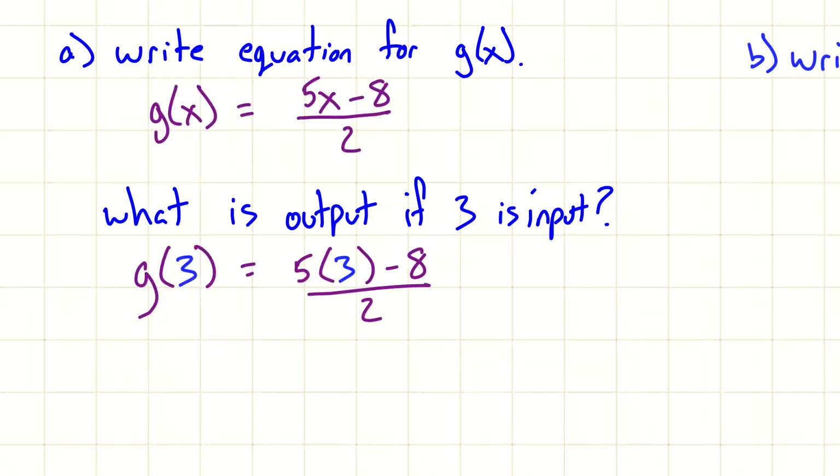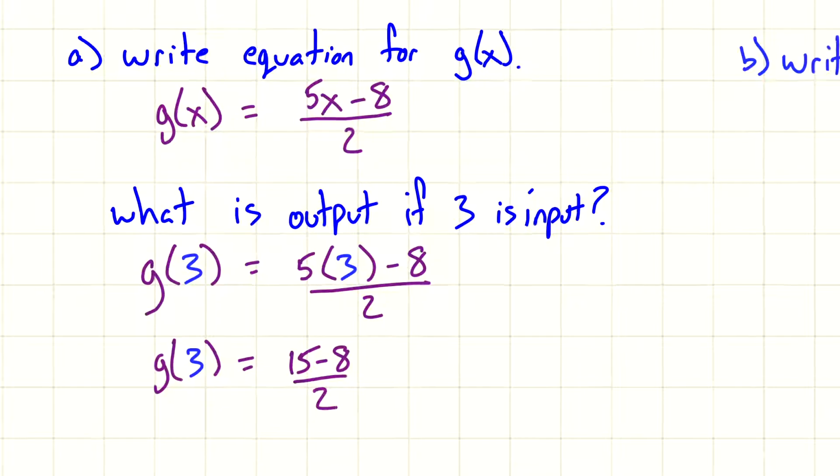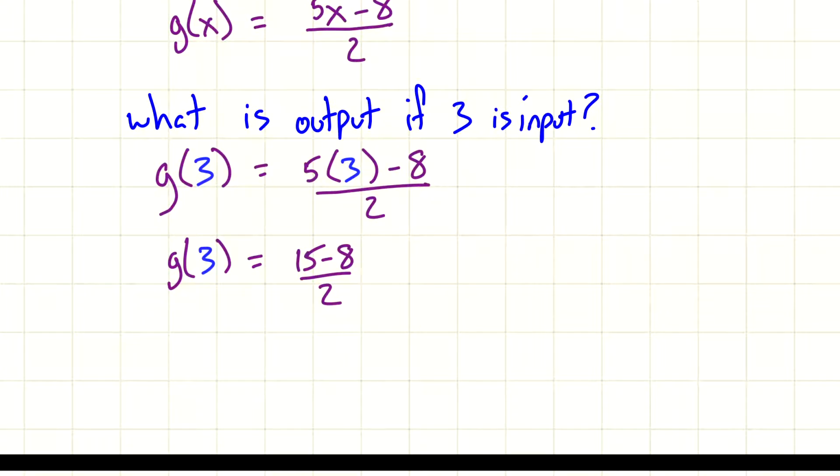All right, and if we simplify this, 5 times 3, oops, let me rewrite this, g of 3, 5 times 3 is 15, and 15 minus 8, I'll do this in steps, so 15 minus 8 divided by 2. So now we could take it a step further, and we're going to be left with, let's see if I could fit this.